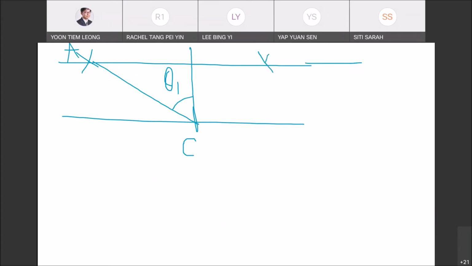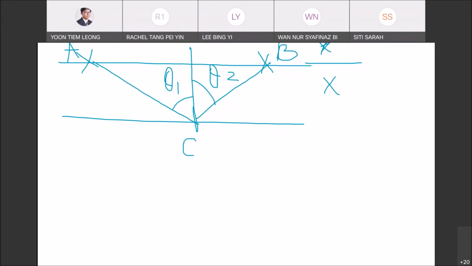In general, B could be located at any horizontal distance from C and form another angle of theta 2. That is slightly different from the general situation where B is located at a different height.